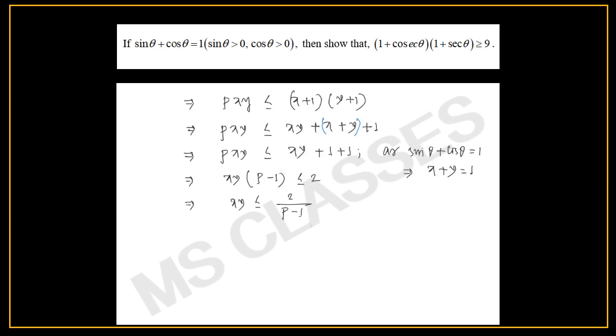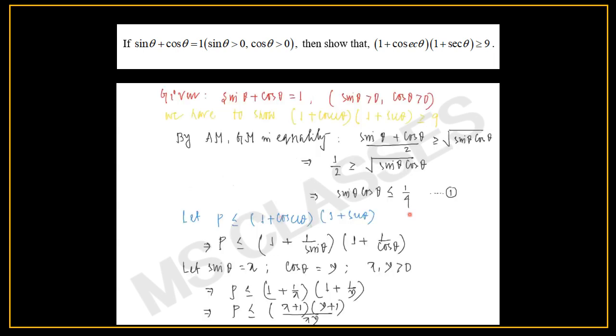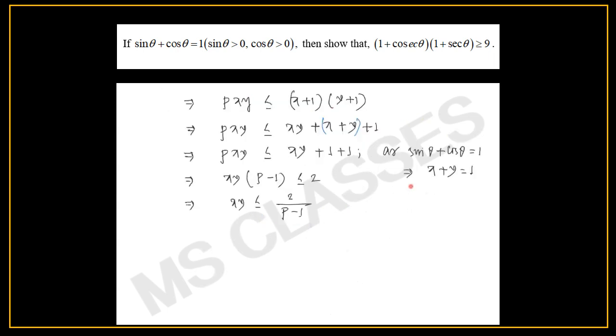Now from equation 1, we have seen that sin theta into cos theta is less than or equal to 1 by 4. And here we have got sin theta cos theta less than or equal to 2 by (P minus 1). Now in one particular case, we can have the same value of x and y, the maximum value. So from 1 and 2, we can say that 2 by (P minus 1) equals 1 by 4.